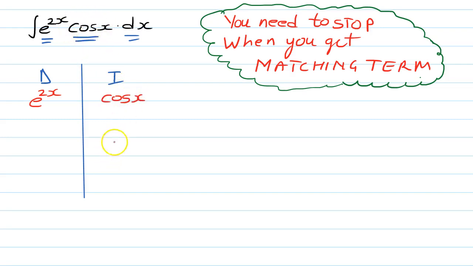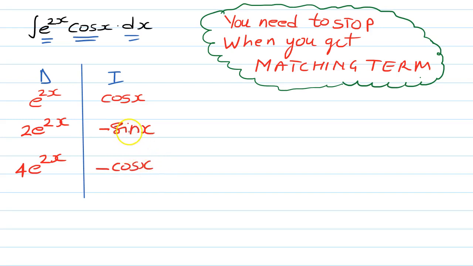Now integration of cos x will be minus sin x. Let's write down here minus sin x, and derivative of e to the power 2x will be 2 e to the power 2x. Yeah, if we do it again, differentiation of this will be 4 e to the power 2x, and integration of minus sin x will be cos x.